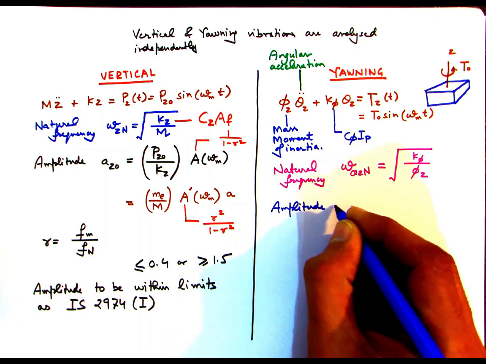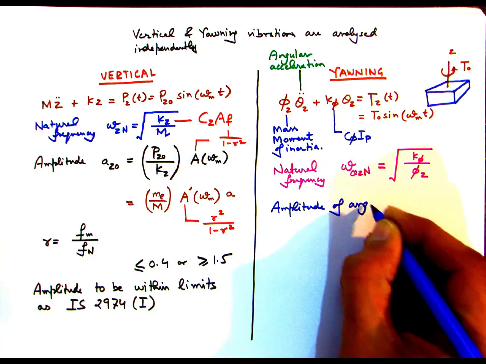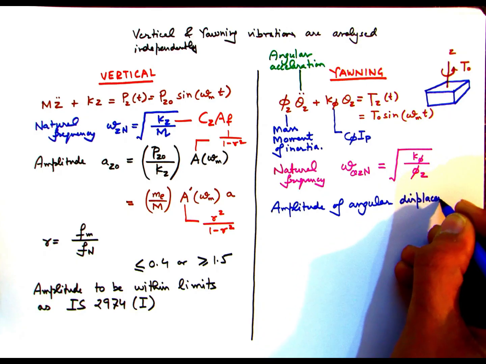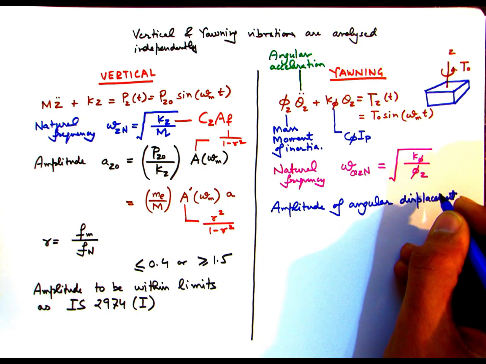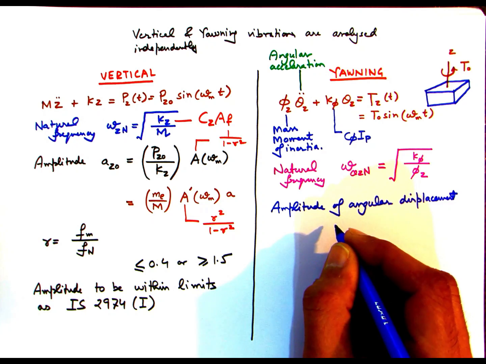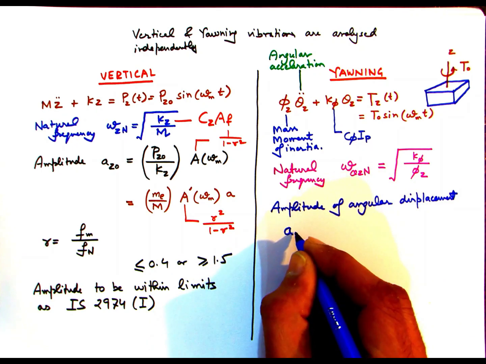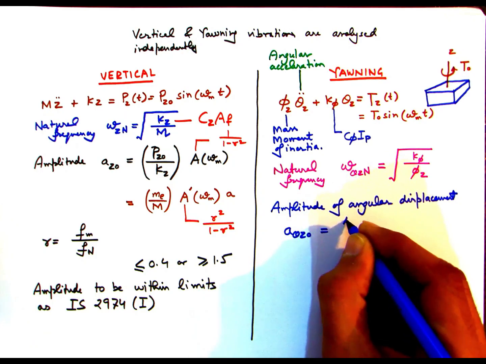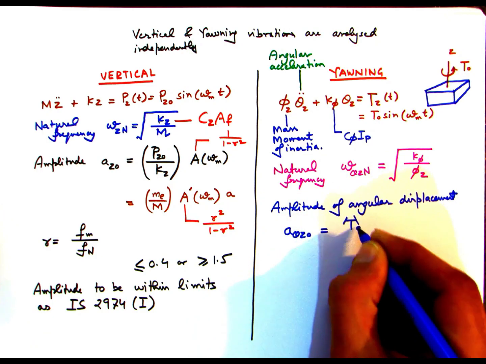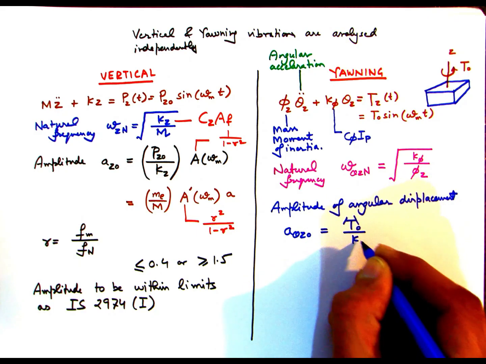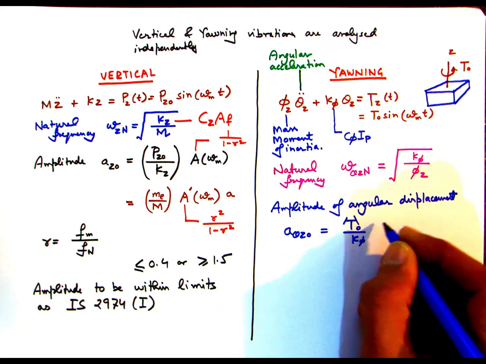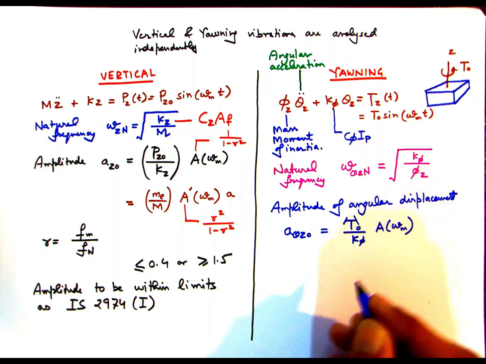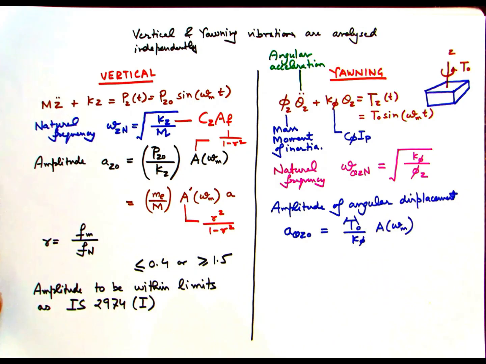Similarly, we can write the amplitude. So here the amplitude of the vibrations will be in the form of angular displacement. This is written as theta z naught, and that will be equal to the product of the static amplitude, which is the ratio of the applied torque amplitude to the stiffness, multiplied by the amplification factor A omega.